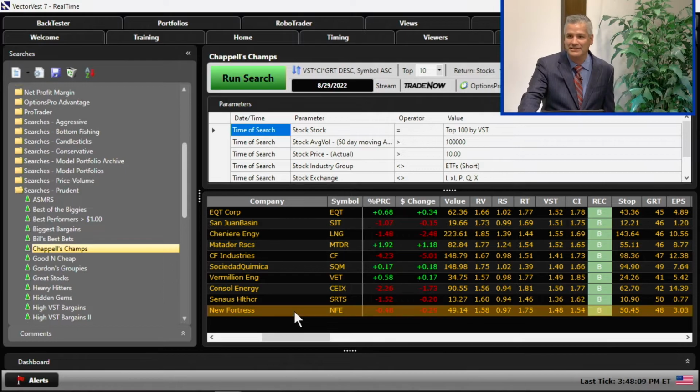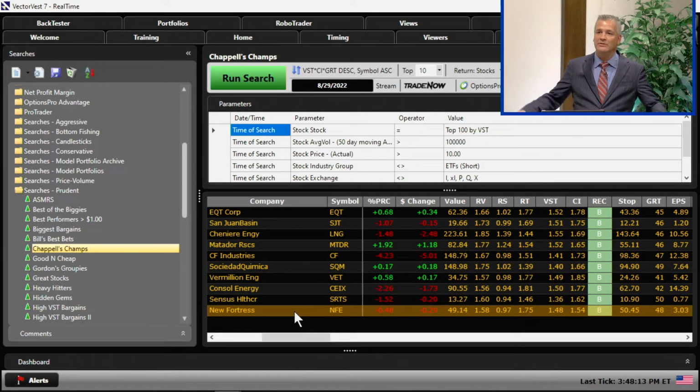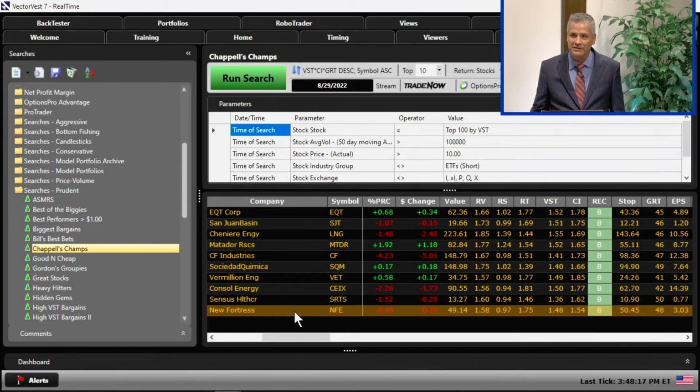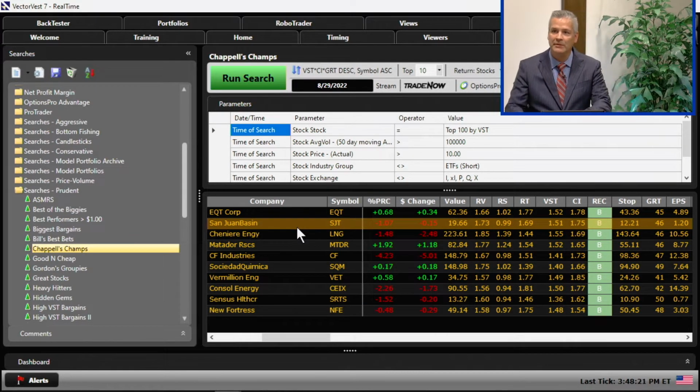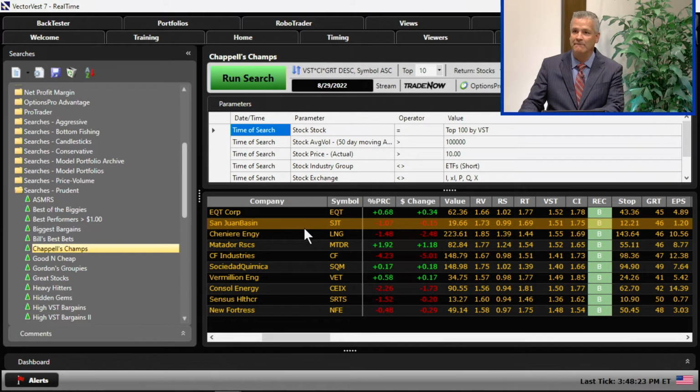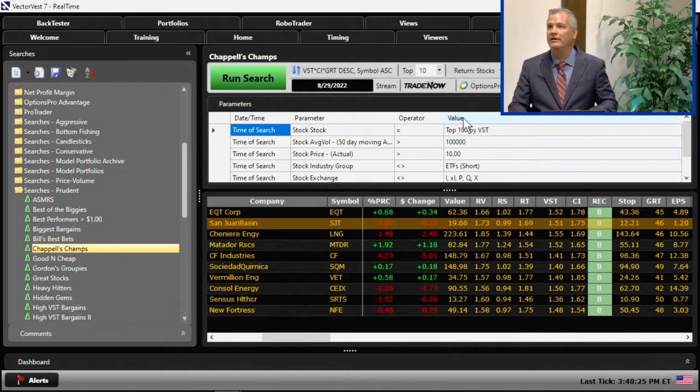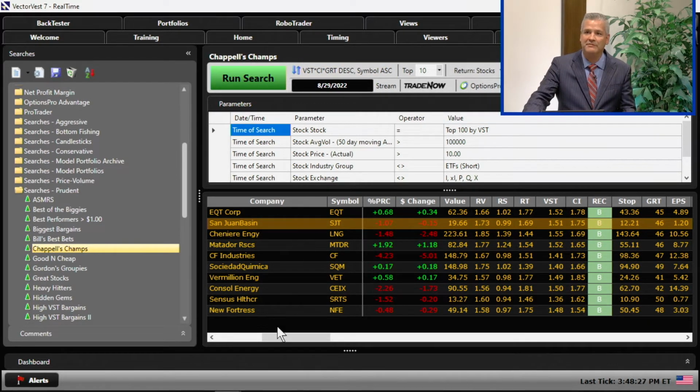New Fortress. I mean, we are borderline high quality retirement stocks. Energy Focus, to be sure. This little San Juan Basin is a little hidden gem. That little sucker right there. That's the kind of stocks Chappell's Champs finds consistently.